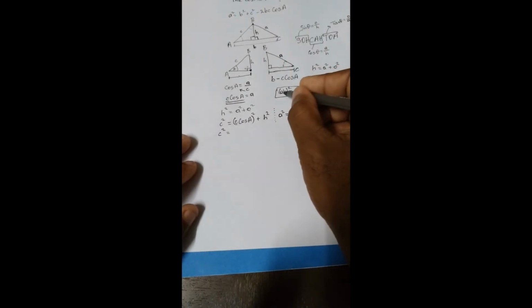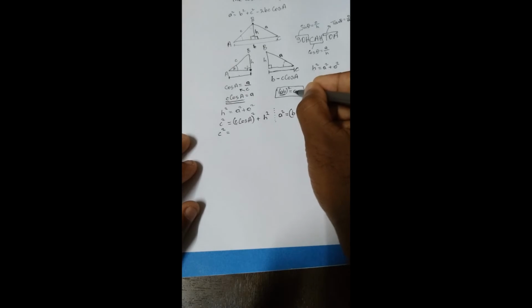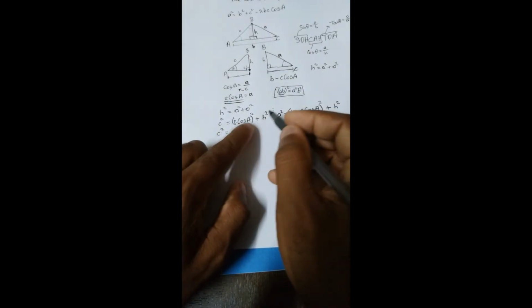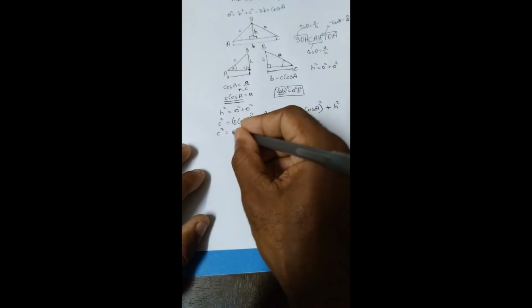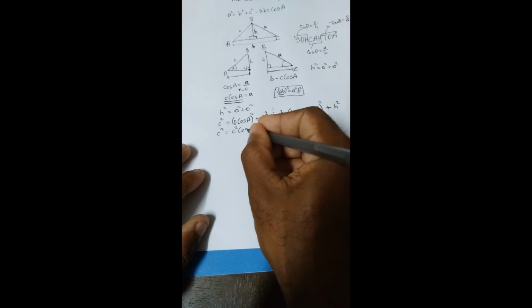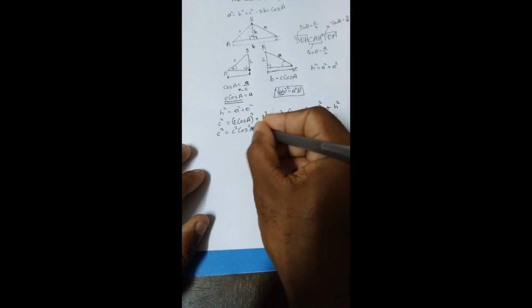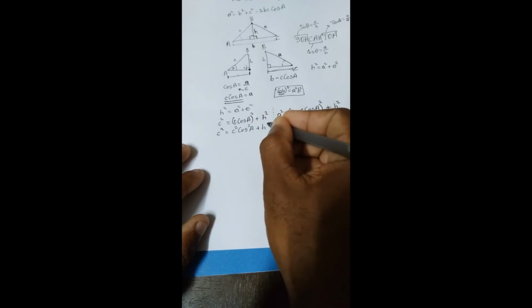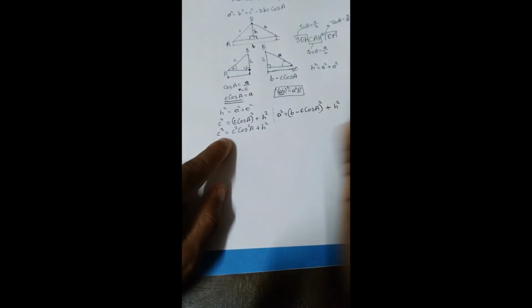I also have a video up on the law of indices. You could probably go and watch that video to better understand what I'm going to do here. So we could square the a, I'm going to have a squared. I'm also going to square the b, I'm going to have b squared. So squaring c cos A, I'm going to have c squared cos squared A plus h squared. So this side is simplified.